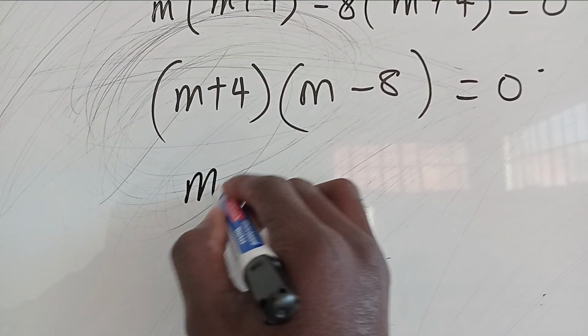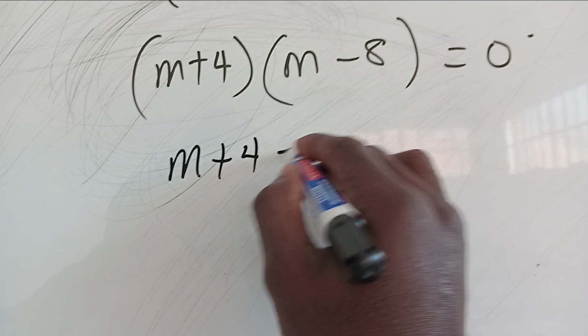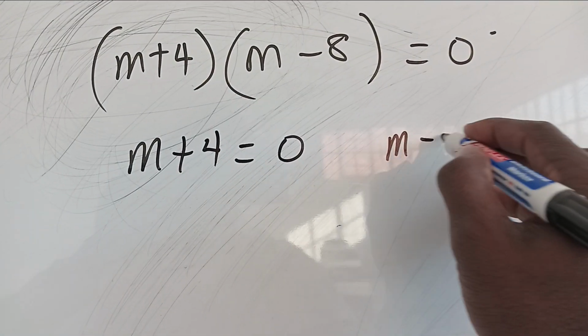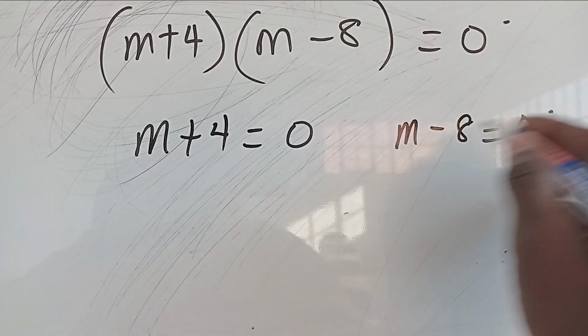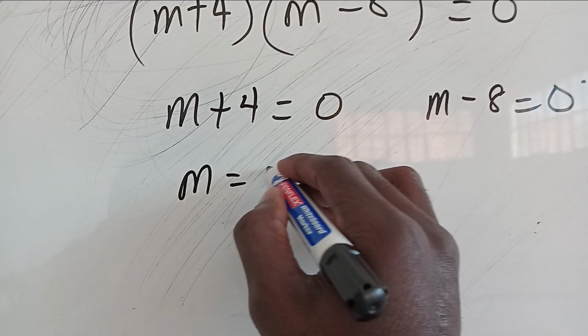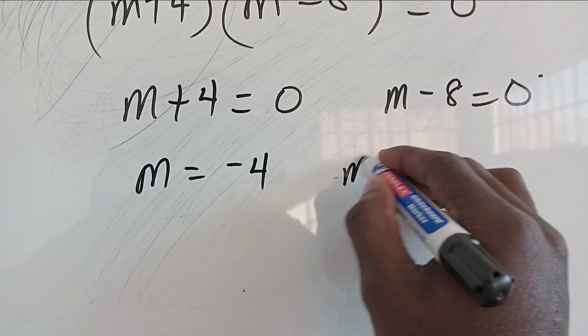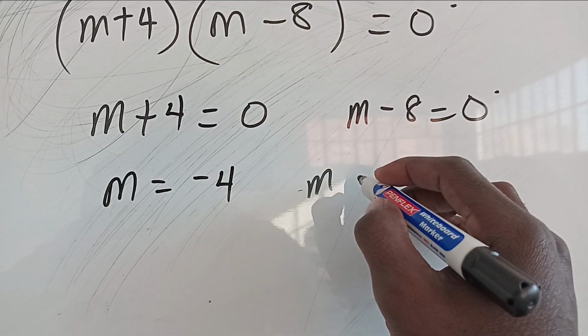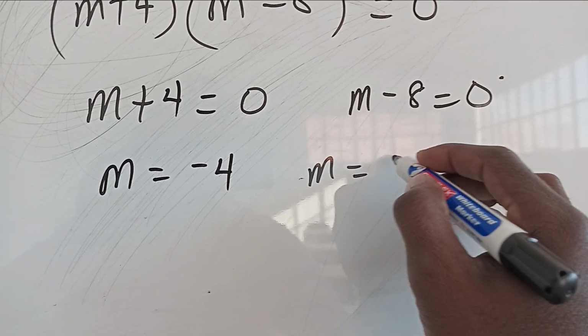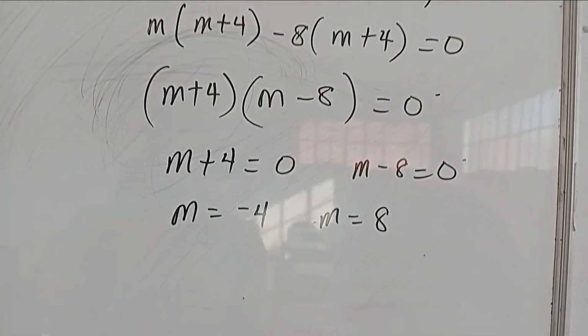So your m plus 4 is equal to 0, m minus 8 equals 0. So you have your m to be equals to negative 4, and your m equals to positive 8.